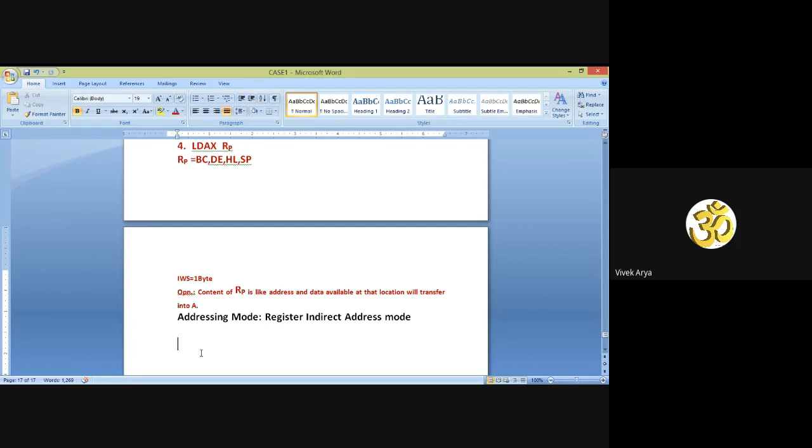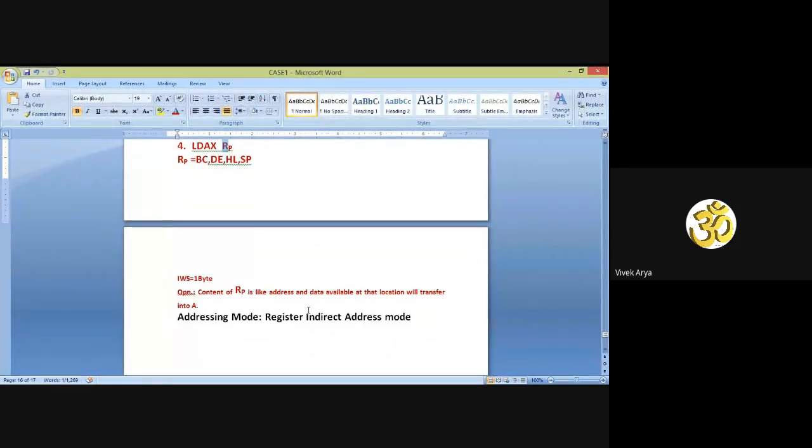One more important thing: why is indirect register addressing mode possible? Because direct transfer or direct loading of data is not possible here. We are using a register pair, B, C, D, HL and SP, due to which register indirect addressing mode is possible for this instruction.